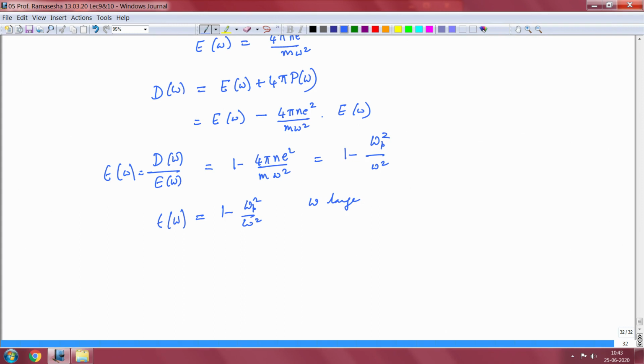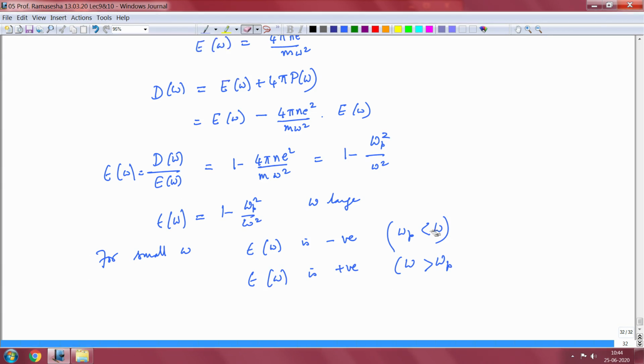So what it means is the following, that is, for small omega, epsilon omega is going to be negative, because for omega less than omega p, epsilon omega is negative, and epsilon omega is positive for omega greater than omega p. So here let me be careful. So this is omega less than omega p.